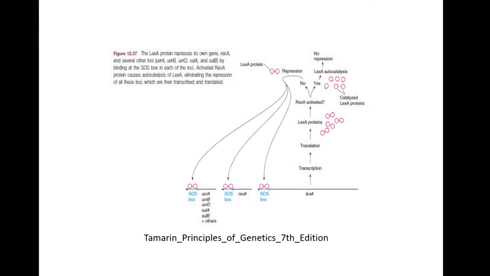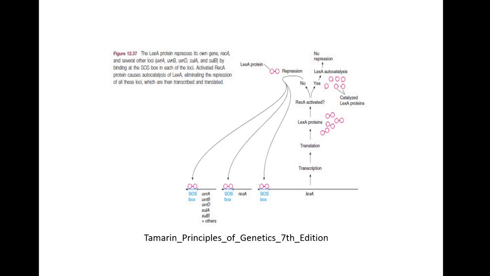This is a schematic representation of the SOS repair system. It is an SOS box. Then UVRA, UVRB, UVRD, SULA, SULB and other enzymes or proteins bind to the SOS box.